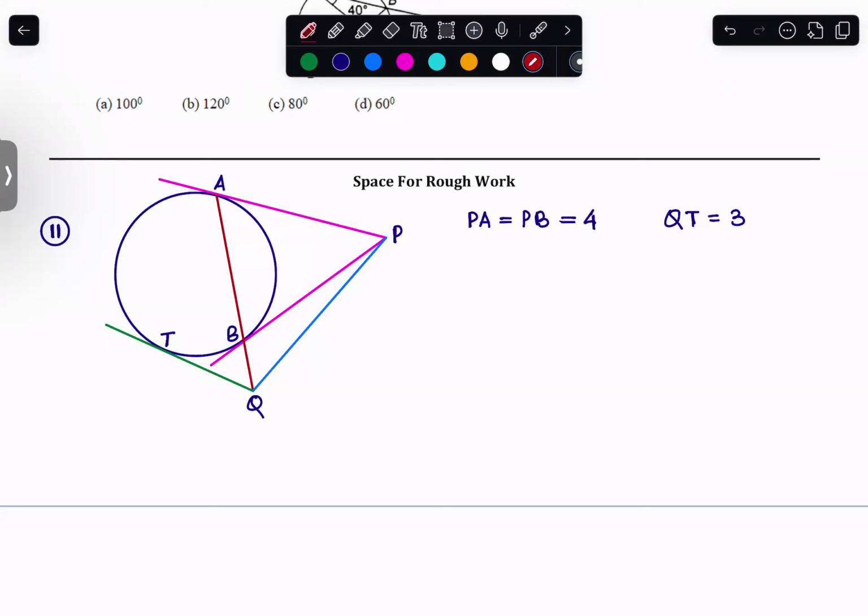Now, as we are interested in PQ, let's firstly connect P with the center of the circle.